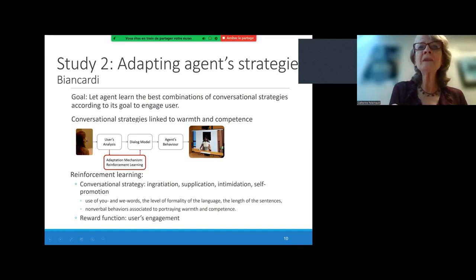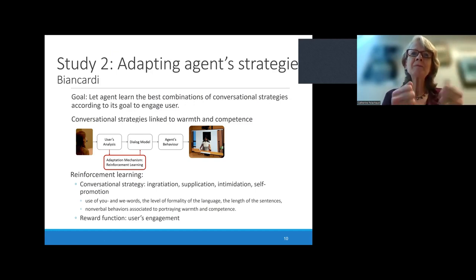As you can see here, the adaptation mechanism comes before the dialogue manager. So it's between the user's analysis, detecting how engaged the user is, and the dialogue model. When the model detects the level of engagement of the users, this information is sent to the adaptation mechanism that computes with the dialogue model what to say next and which conversational strategy.